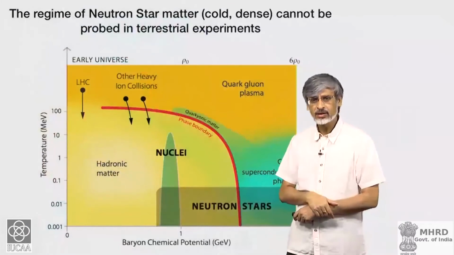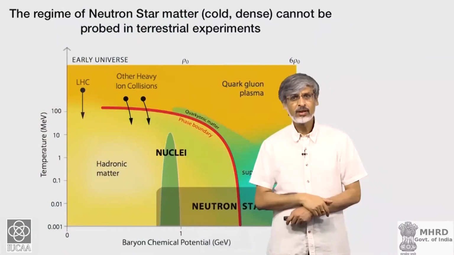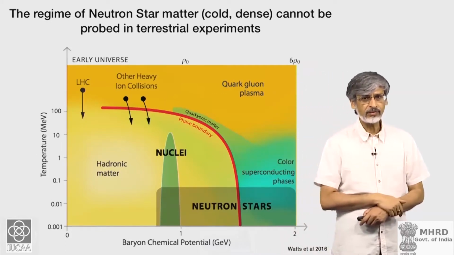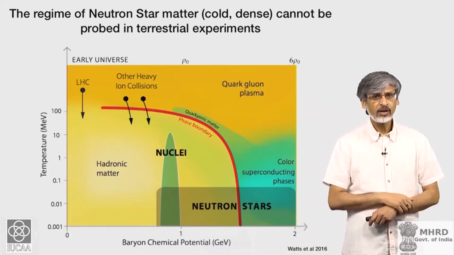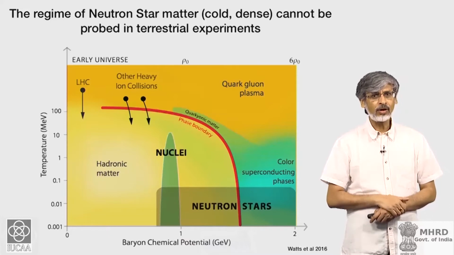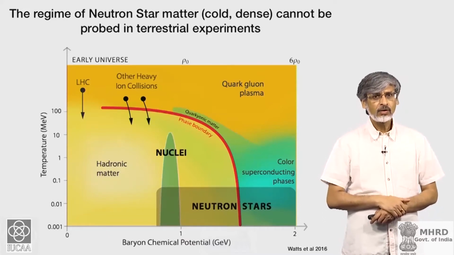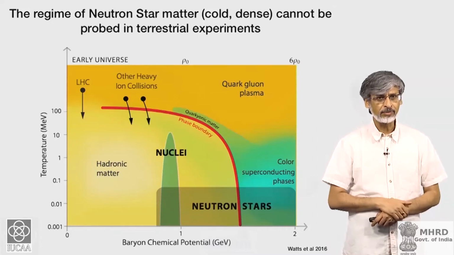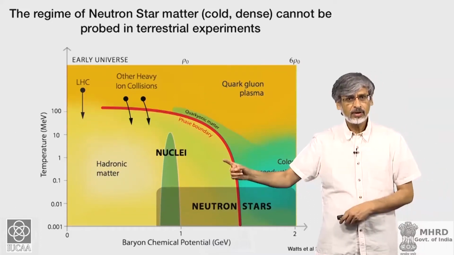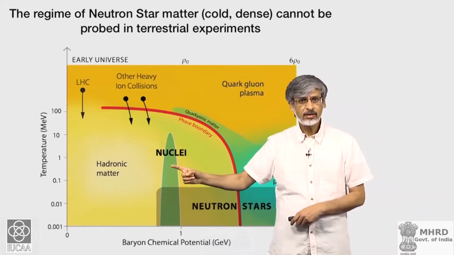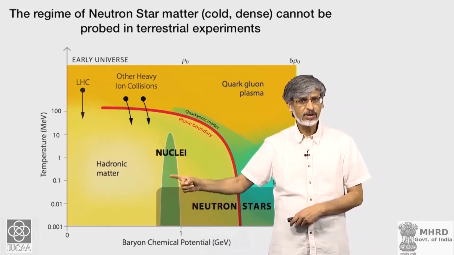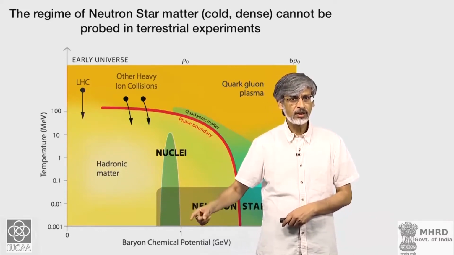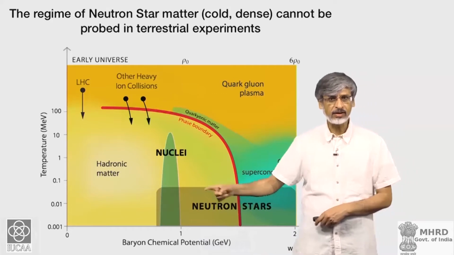Now, coming to the question of why we have this uncertainty in the neutron star equation of state. So, this diagram is an illustration of what we can probe based on our terrestrial experiments. We have nuclear matter which covers a certain range of baryon chemical potential. The baryon chemical potential rises with density.